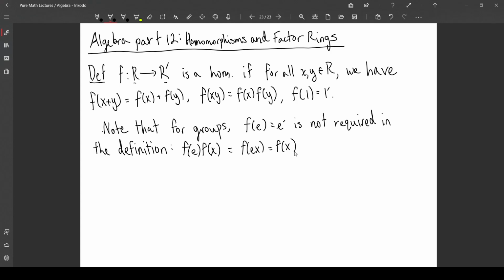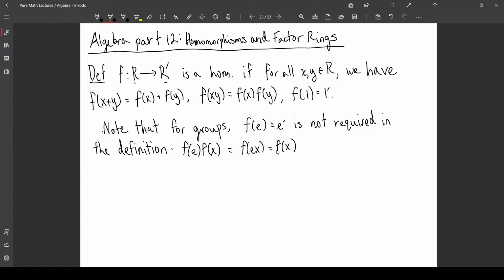And in the group case, any group element always has an inverse. So you can take inverses of f of x on both sides, and then you get f of e is the identity in the second group, the image group.